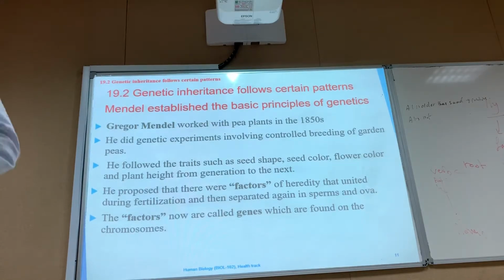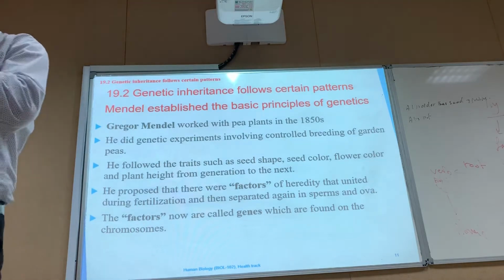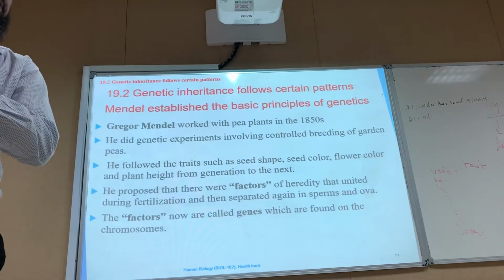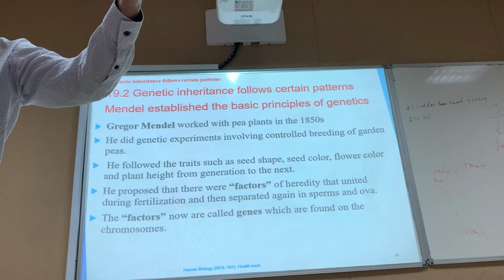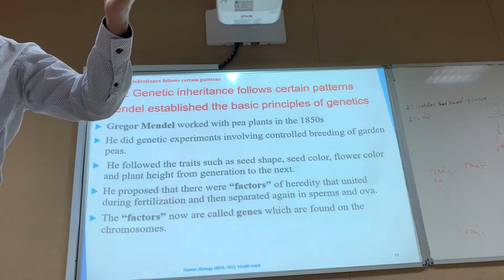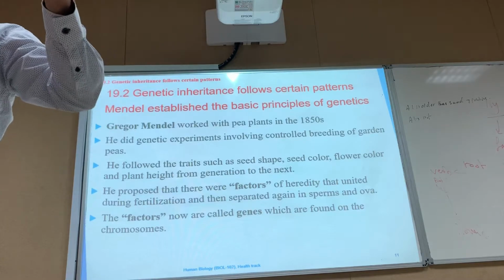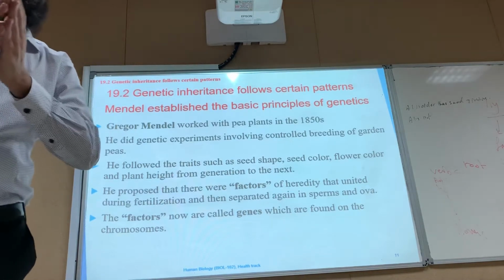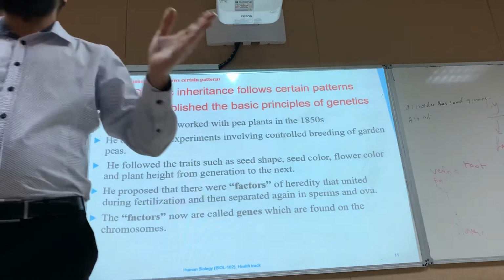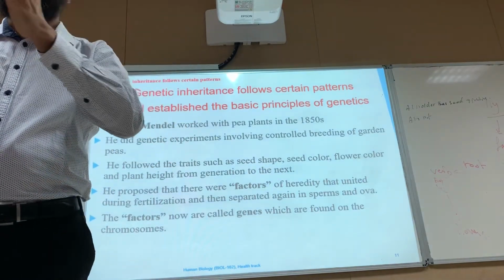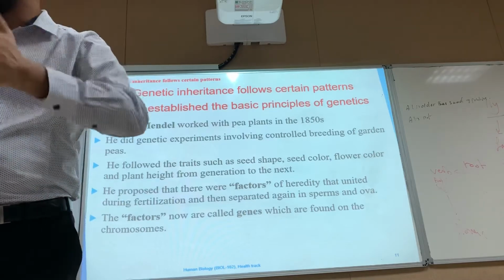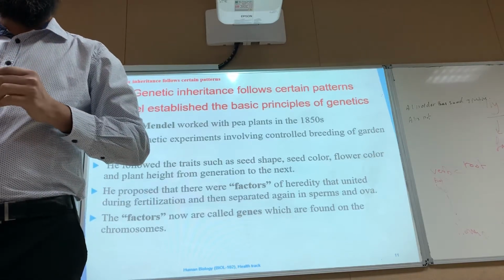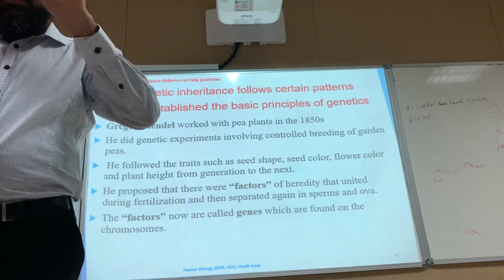So this is his law of segregation: these factors, which we know as genes and alleles, separate during gametogenesis. Remember the formation of the gametes? In humans, in meiosis 1, in metaphase 1, the 23 chromosomes line up in homologous pairs.